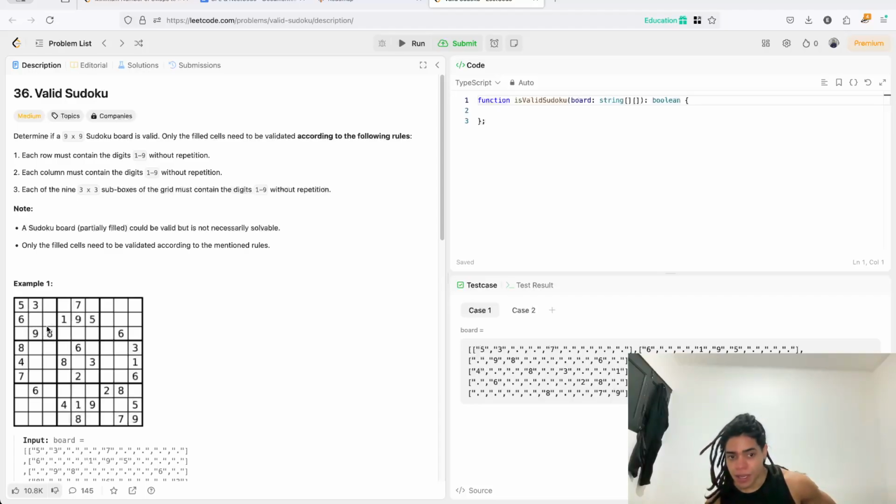But the thing that's tricky is each of the 3 times 3 boxes. By using a hash or a set, we can represent this different boxes as a grid of 3 times 3, right? So the first box will be 0, 0. The next one will be 0, 1. The next one will be 0, 2.